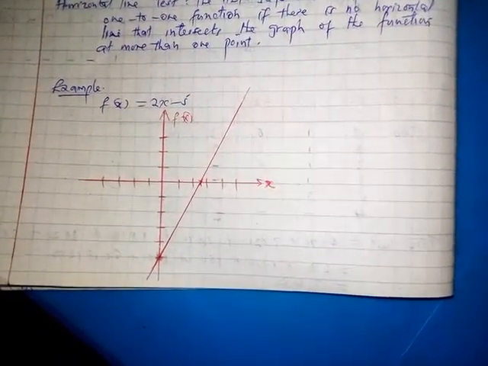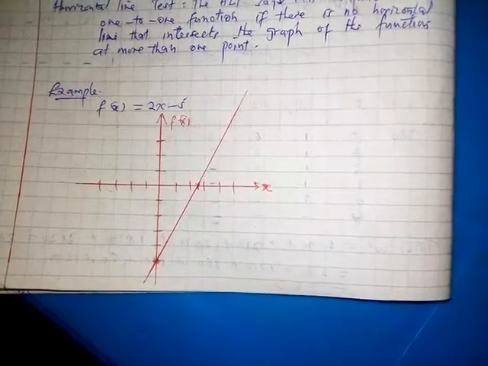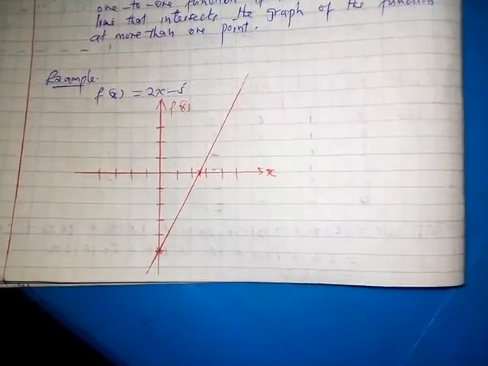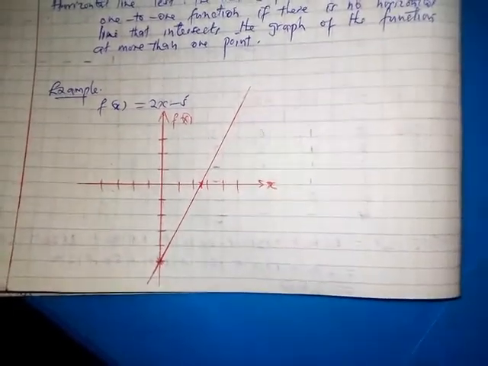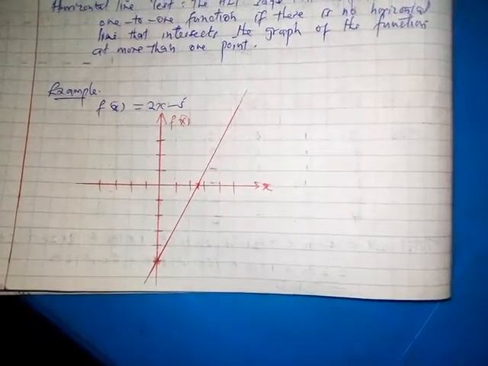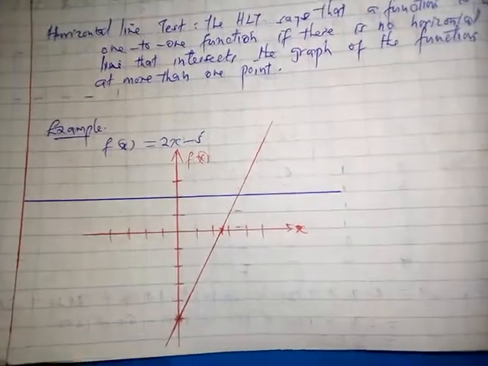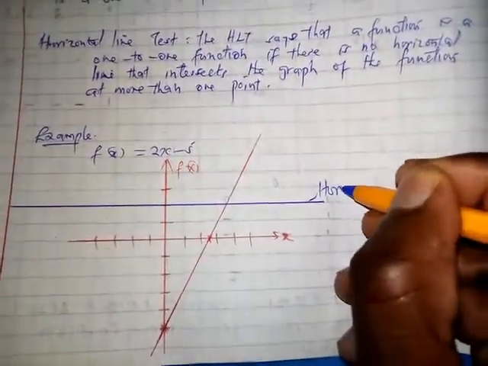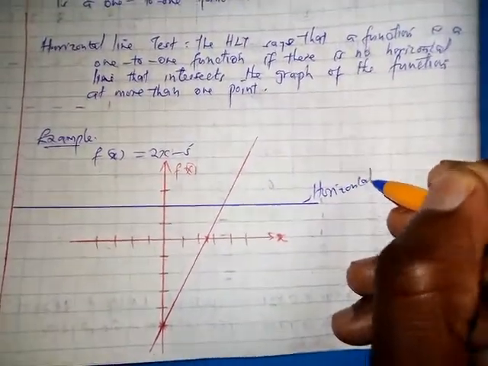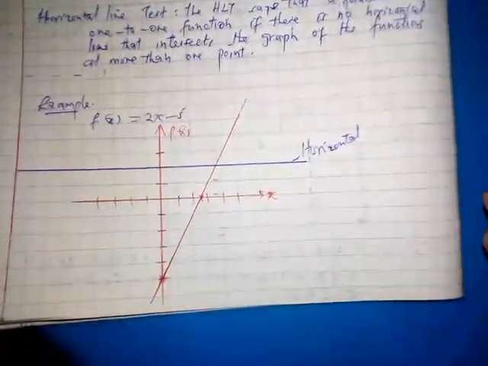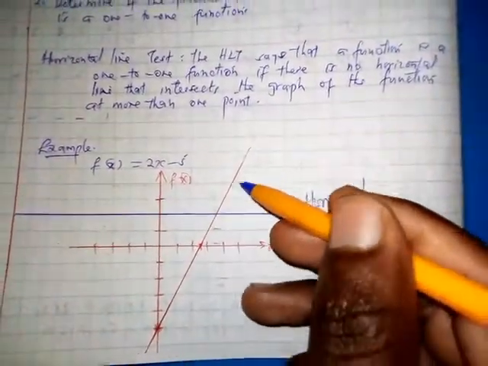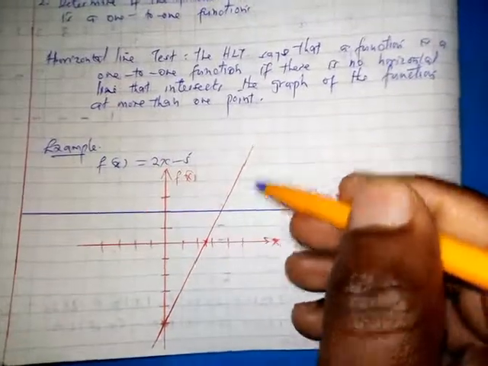If we draw a horizontal line, to confirm if it's a one-to-one function or not, here's a horizontal line drawn. This line has cut the graph just once.